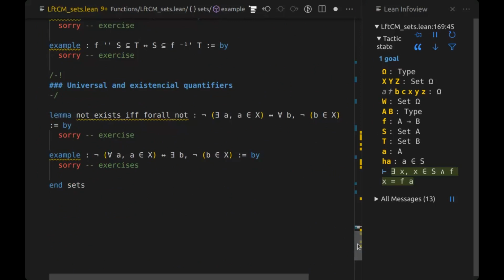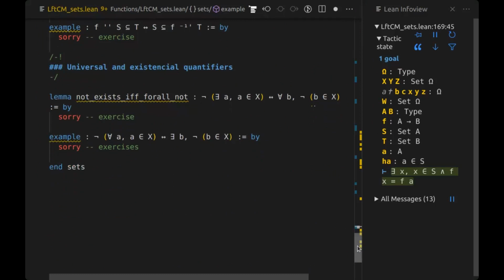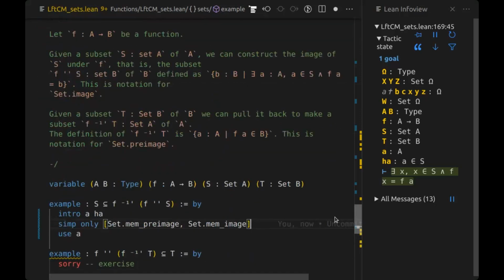On the other hand, if you run through all of the exercises, there are more exercises in the book, Mathematics in Lean, so you can also try those. But I think this is everything I wanted to say. If you have any questions now, I'm happy to answer.